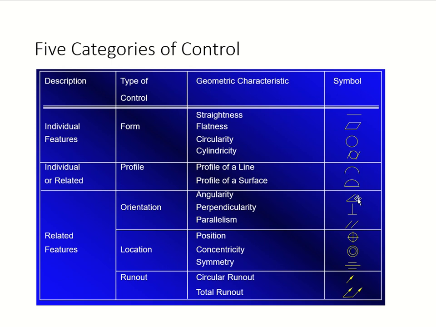In orientation we have angularity, perpendicularity, and parallelism, which are related features, looking at how they relate to each other. Then location has position, concentricity, and symmetry. And then we come to our runouts: circular runout and total runout. So these are all the symbols that we will be covering.